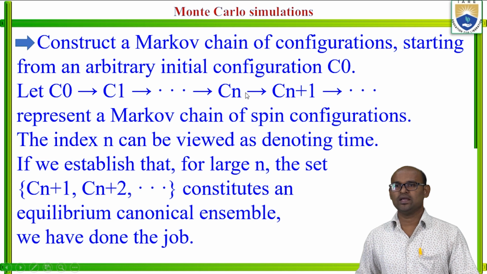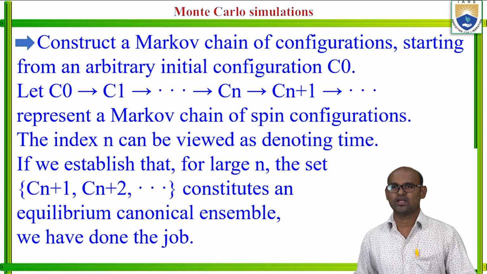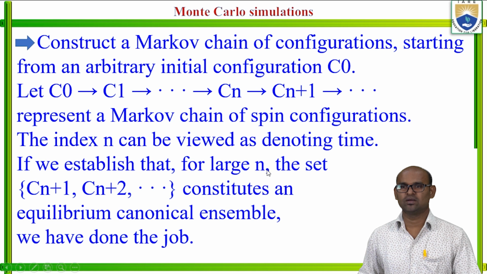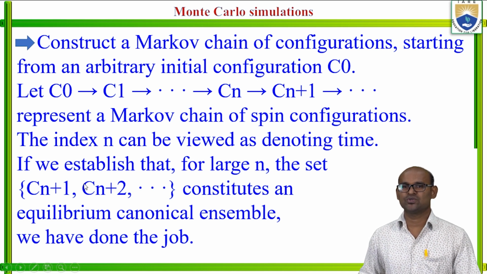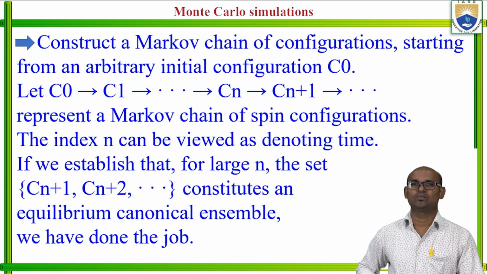We construct a chain of configurations which we call a Markov chain. We establish that for large time index n, the microstates collected in the set constitute an equilibrium ensemble. Once we constitute this equilibrium ensemble of microstates, then we have done the job.